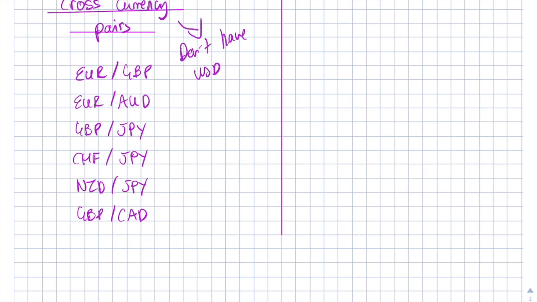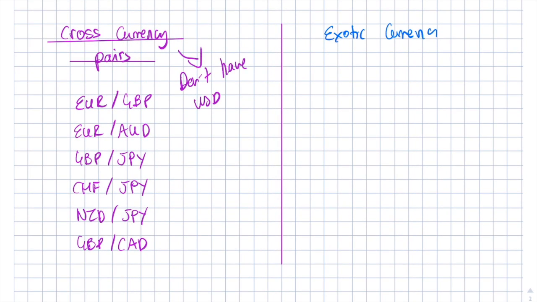And the last group is called exotic currency pairs. Now these currency pairs are thinly traded. They're not traded as much as the other pairs. Some of these currencies are traded at something like 2% of the total volume of forex trading.